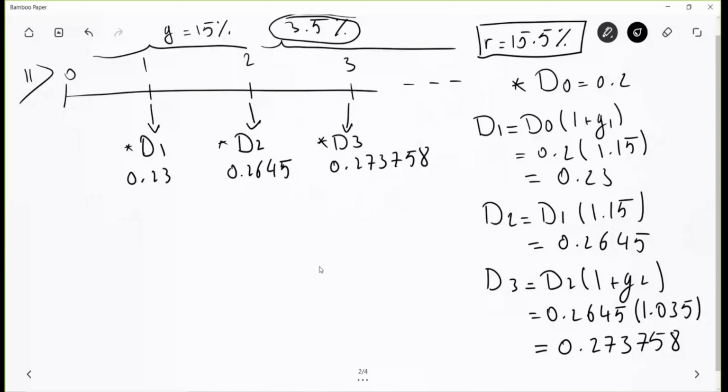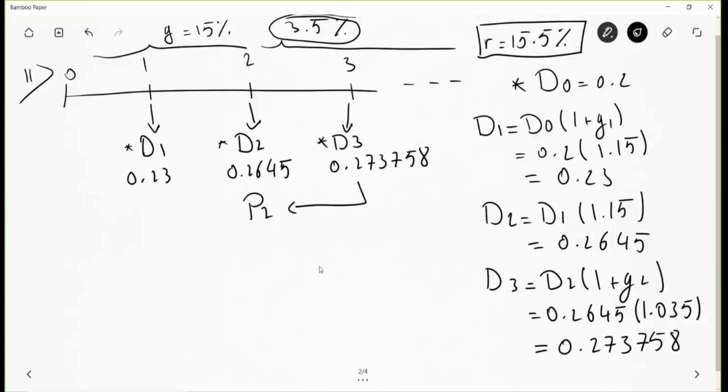Now for the second step, I move back 1 year and I compute P2. So I compute the price in the previous year. So the last dividend I've computed was for year 3.